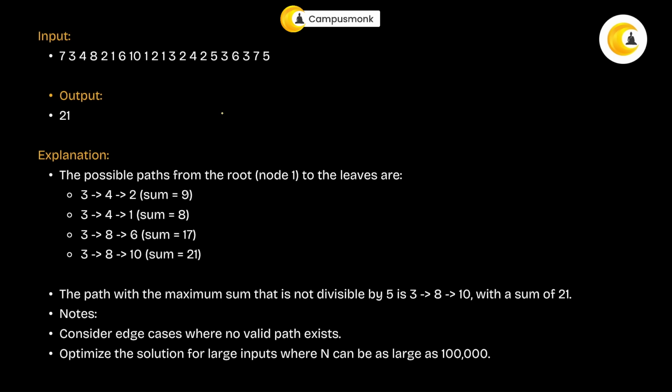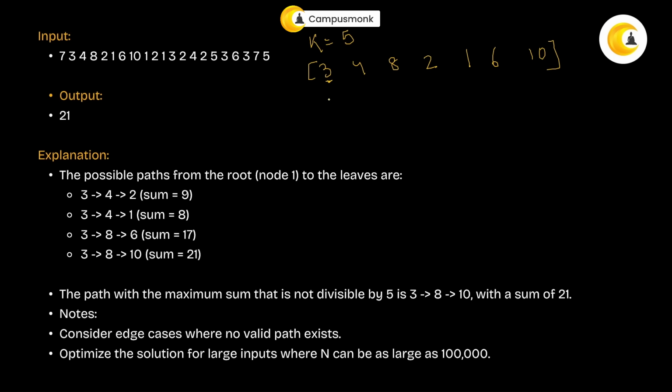Suppose, let's take a small example because this is a huge set. Suppose our k is 5. And suppose you have the values like this, say 3, 4, 8, 2, 1, 6, and 10. Now, what can be your path 1? It is rooted over here, right?